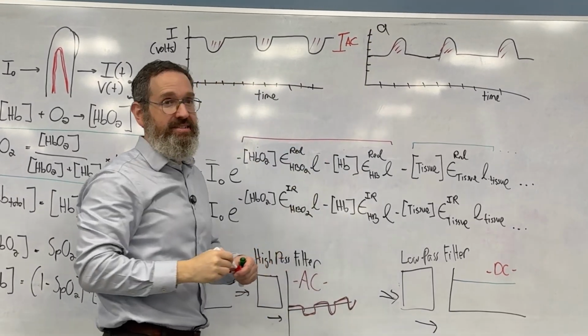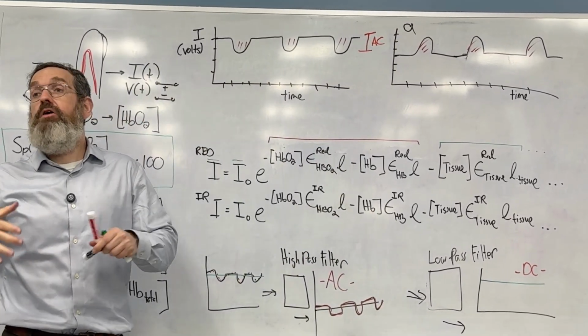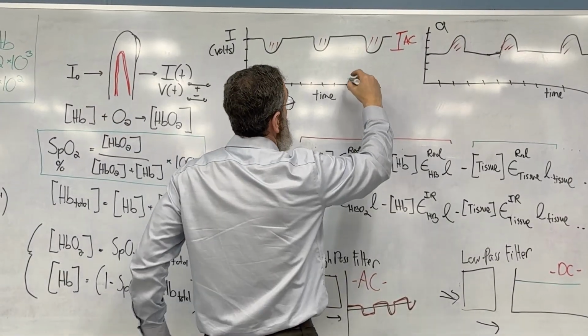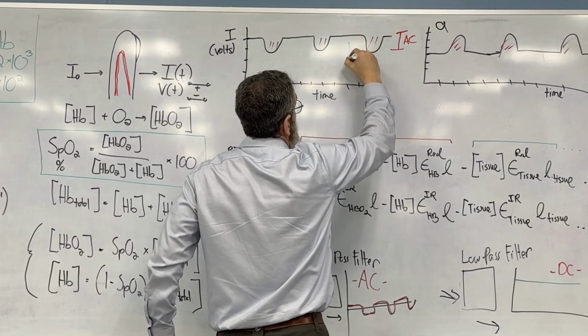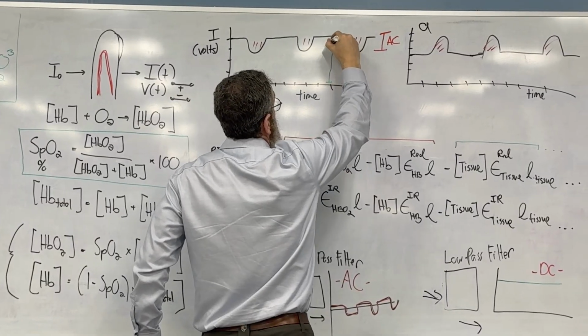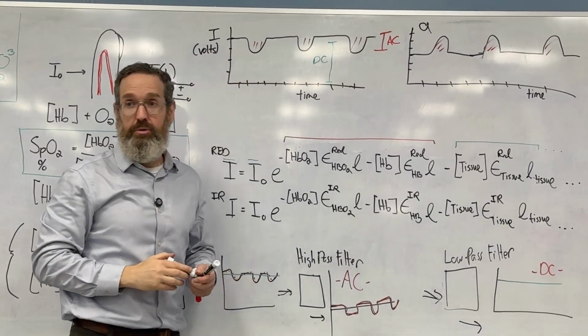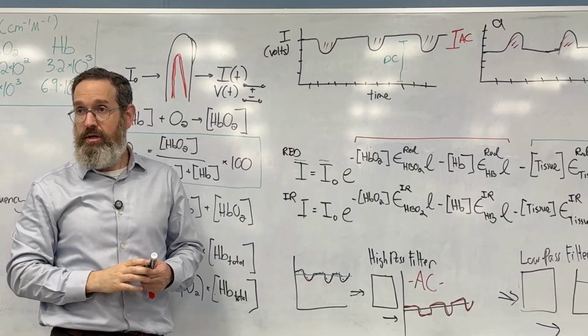What do I mean by AC? The part that's going to come out of your high pass filter. And that's a much larger component. And this is the DC component.